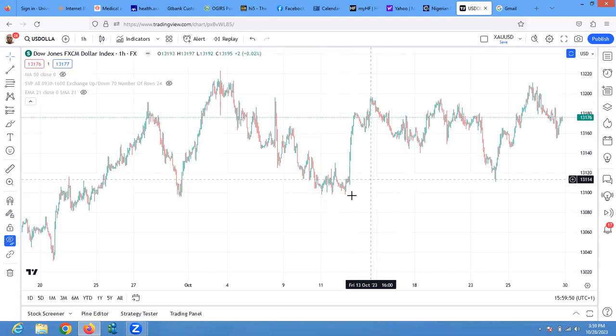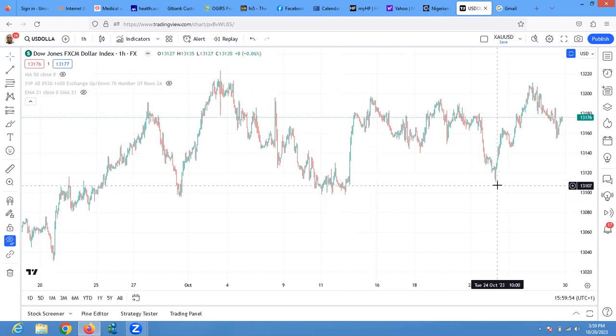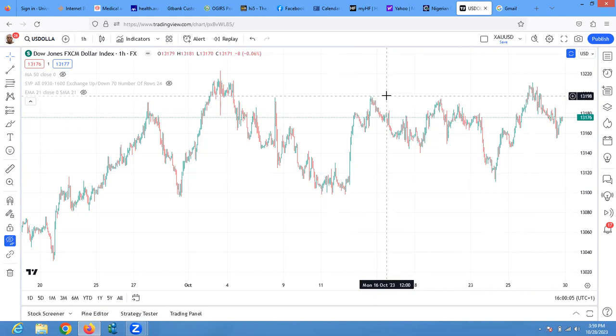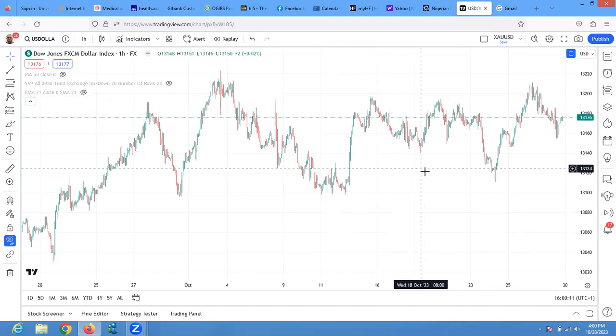But when you've done your WXY, like this one going like a running flat here, and the wave is now breaking your X here, it tells you that the correction has finished to the downside.